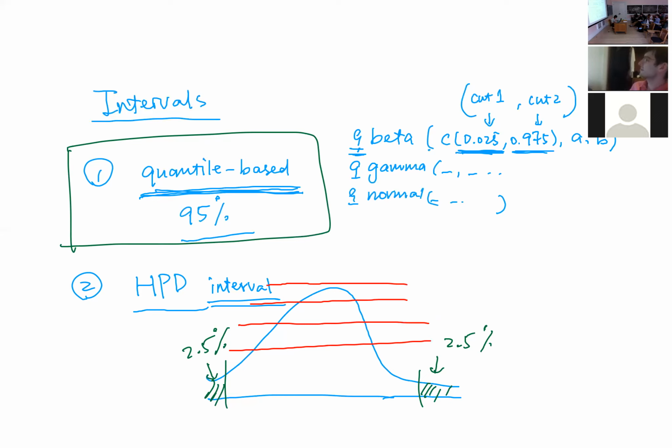So you keep going until you hit, say, this case. All of this inside here is 95%. So the HPD interval is trying to return the 95% most likely values of the parameter.